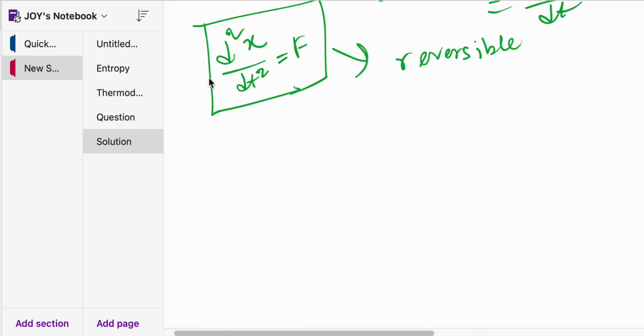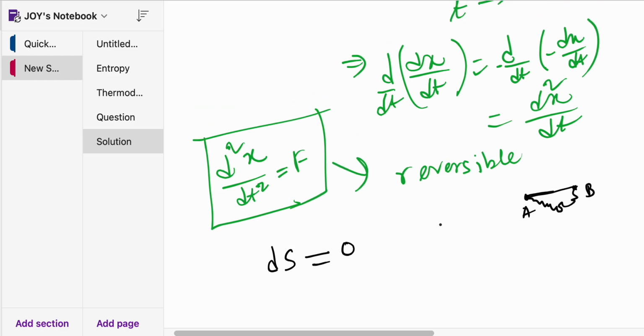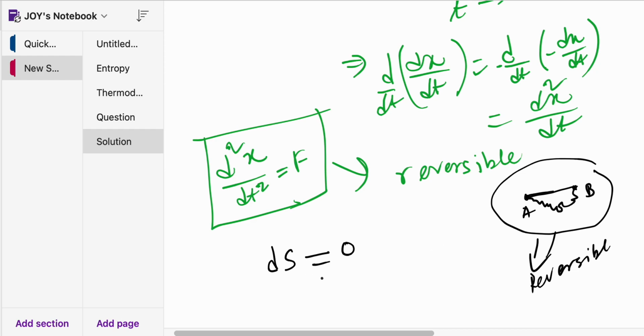Let me show you that. ds should be 0 in any process if I change the system in the forward direction from A to B, and now if I take the system from B to A, the entropy change should remain 0 if the process is reversible, since I just put the system back in the same initial condition.